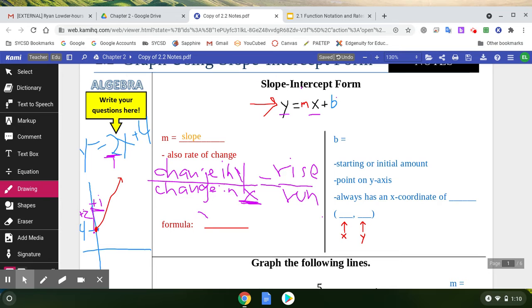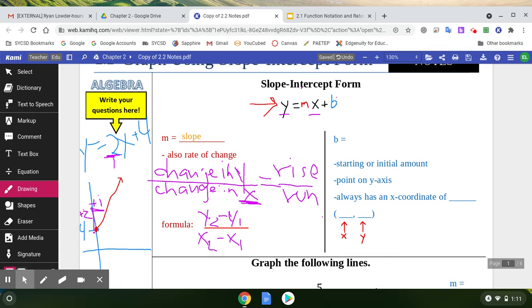So what this looks like is y2 minus y1, which represents the change in your outputs, divided by x2 minus x1, which represents the change in your inputs. So we're just taking the difference between the two.